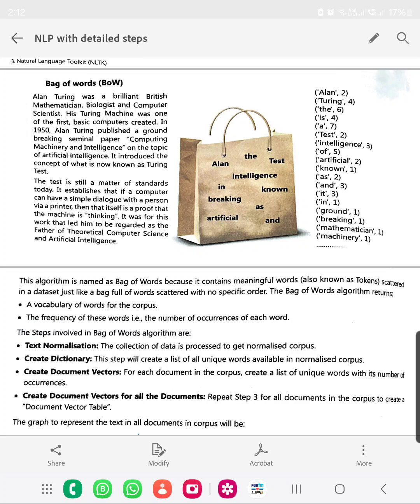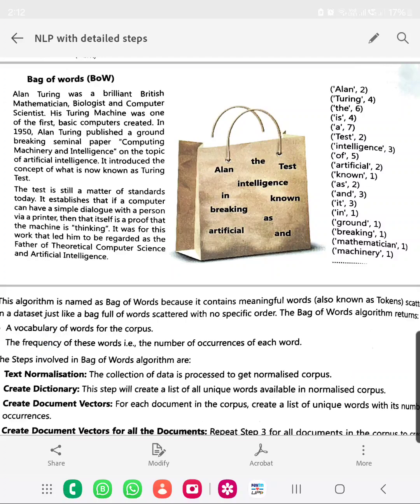It also indicates how many times each word is repeated, etc. So you can see at the left-hand side we have "Alan Turing was a brilliant British mathematician, biologist," etc., and this entire set of two paragraphs is given. What we have done is divided every word and its occurrences.